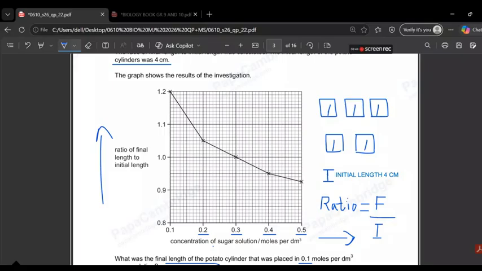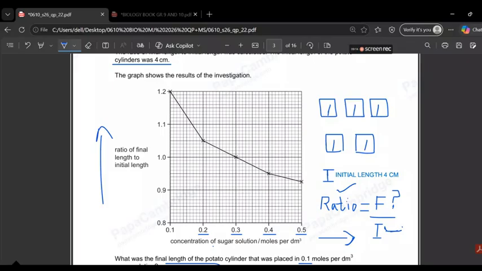As you know, the initial length is the same for all of them. It's 4 centimeters. But the final length is different. You have been given the ratio and the initial length, so you can calculate the final length.